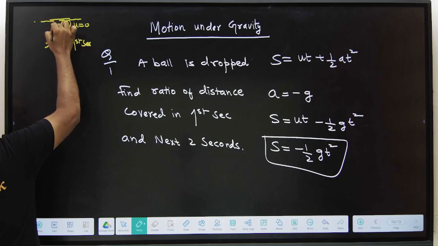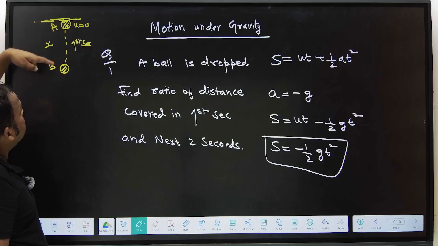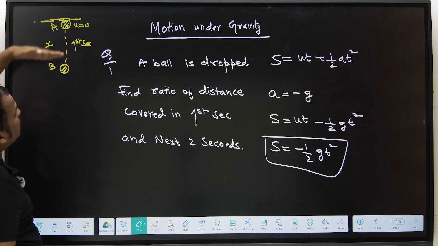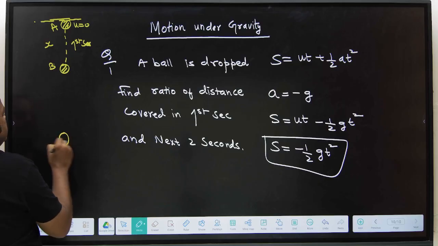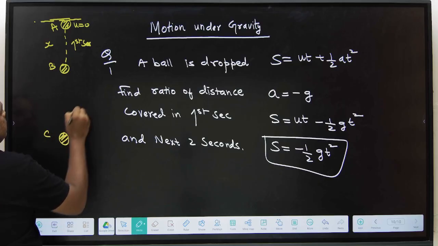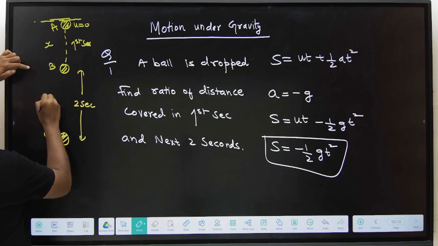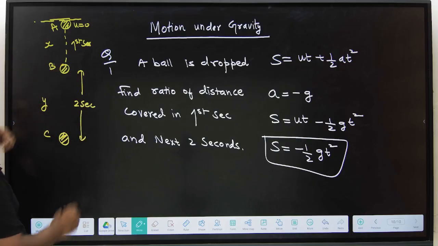Let's call this point A, this point B. So it is going from A to B in the first 1 second, covering a distance x. Next it is going from B to C in the next 2 seconds. Suppose it is covering a displacement of y downward, or the distance y, from B to C.